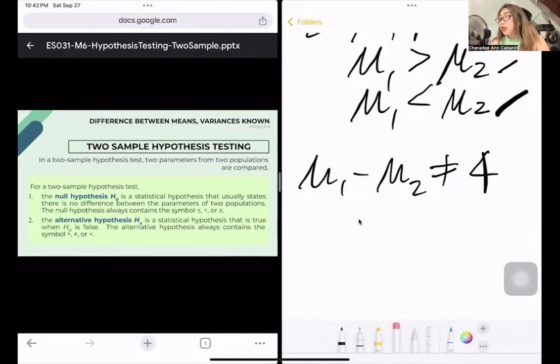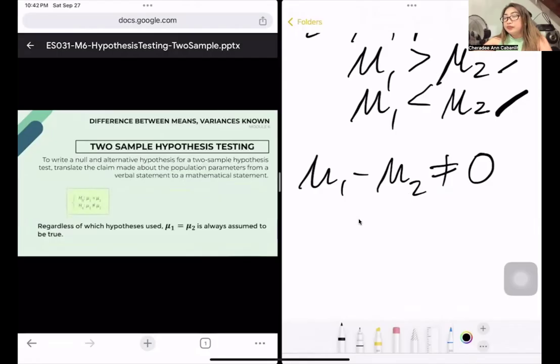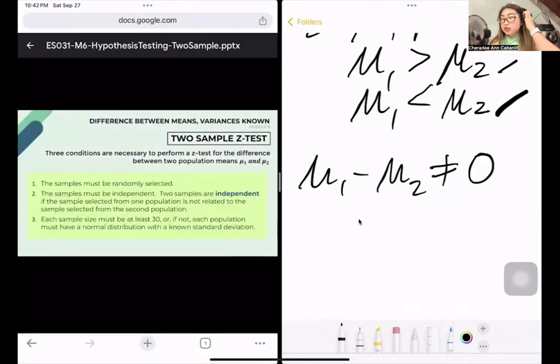But in general, if the difference is not mentioned, it is automatically 0. Again, please do not mind the less than or equal to in the null hypothesis. It's always equal, as I mentioned in the previous discussion.